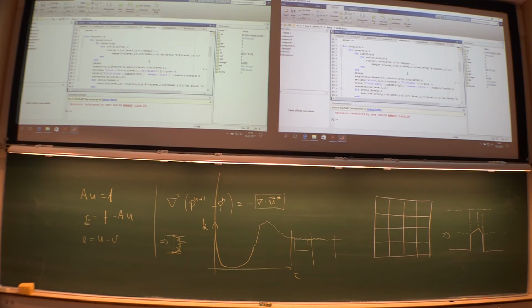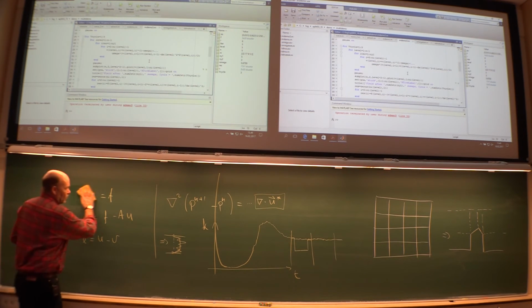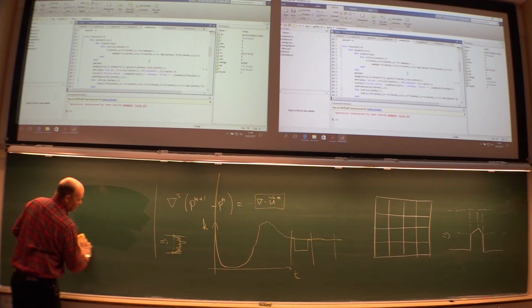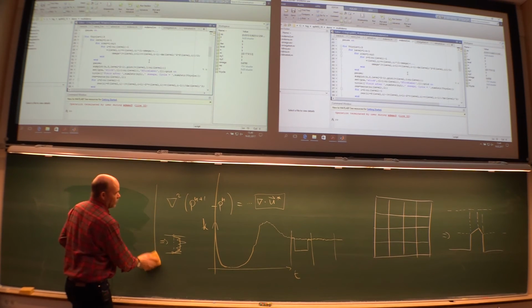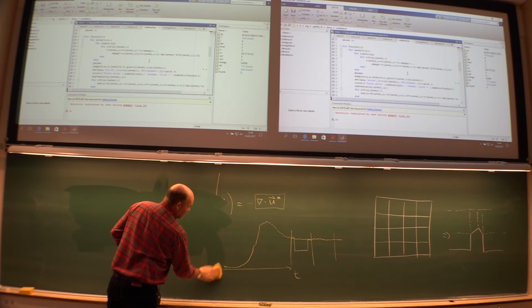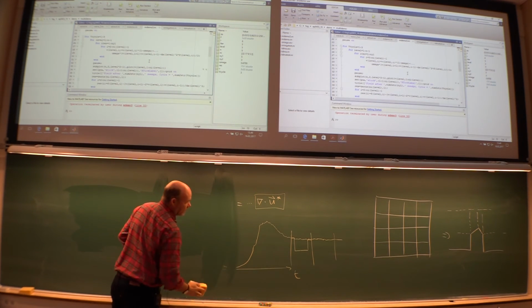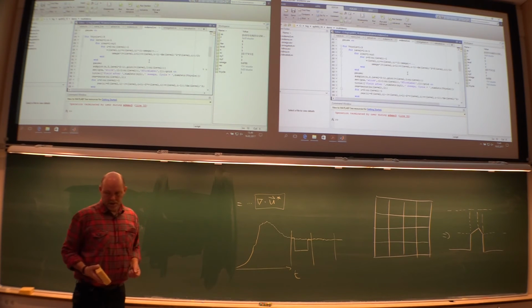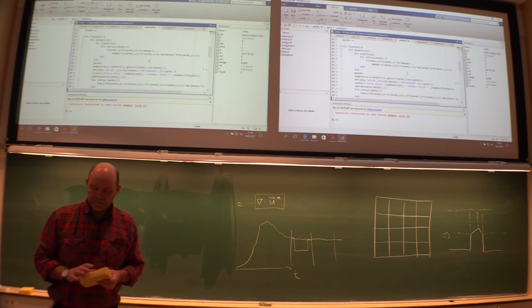So this makes multigrid in general hard to program. When you search for multigrid codes or multigrid subroutines, you can find them, but you will not normally find them in the way it has been described here.